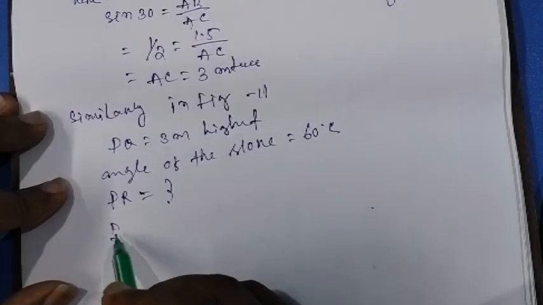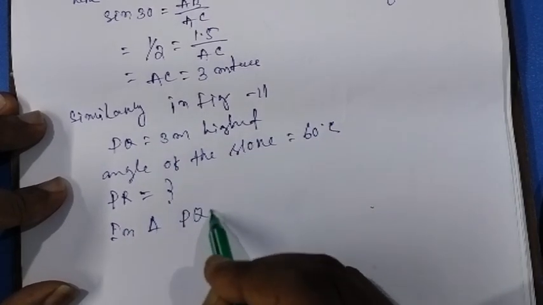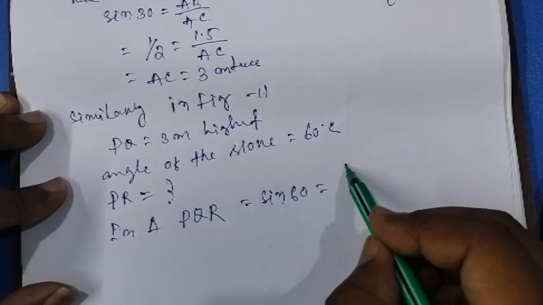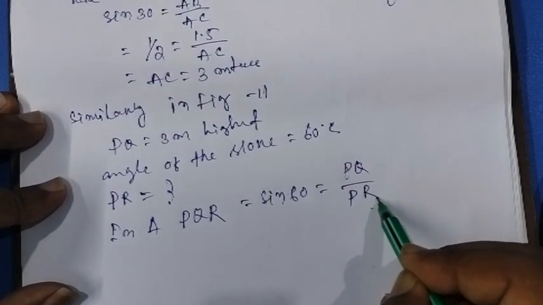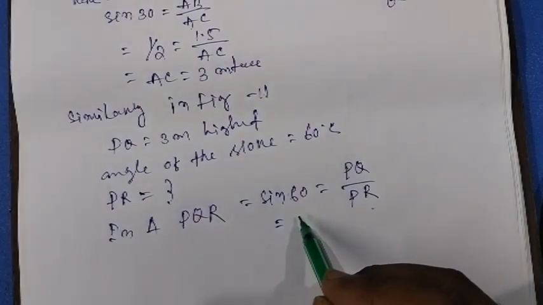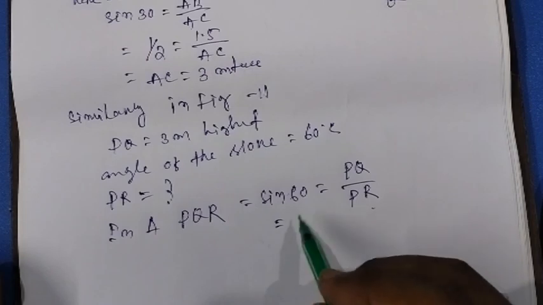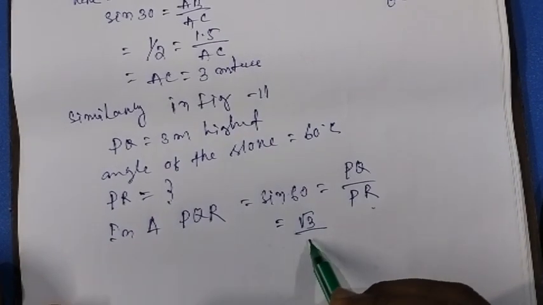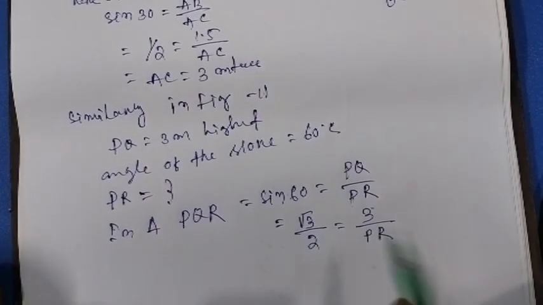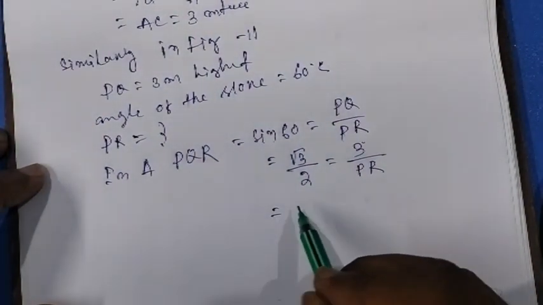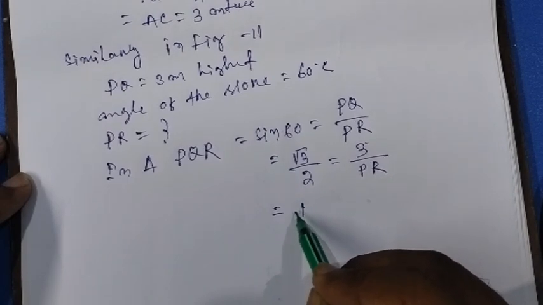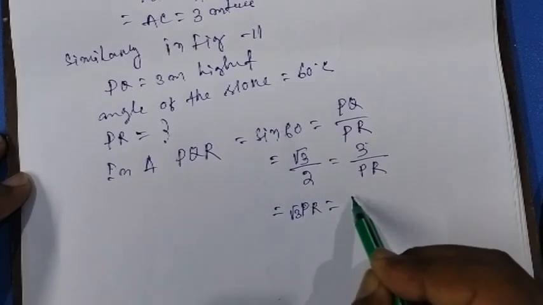So in triangle PQR, sine 60 is equal to PQ by PR. The value of sine 60, root 3 by 2, is equal to 3 by PR, or root 3 PR is equal to 6.